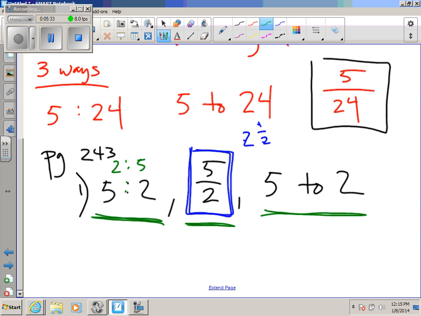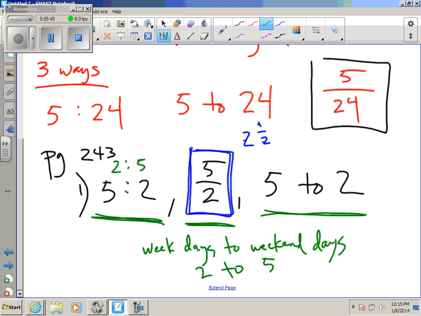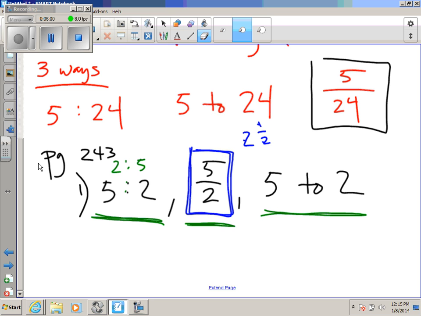Not if I'm comparing weekdays to weekend days, which is what number 1 is doing. If I all of a sudden change it from 2 to 5, what am I saying? 2 weekdays to 5 weekend days. As much as we'd like that to be true, it's just not. I cannot change those digits. So that doesn't work, just like 2 to 5 doesn't work. The order of them has to be consistent.